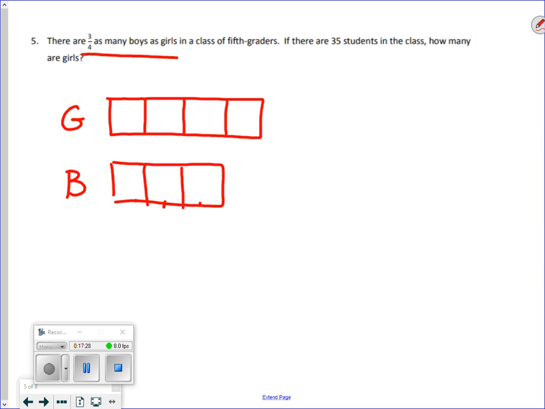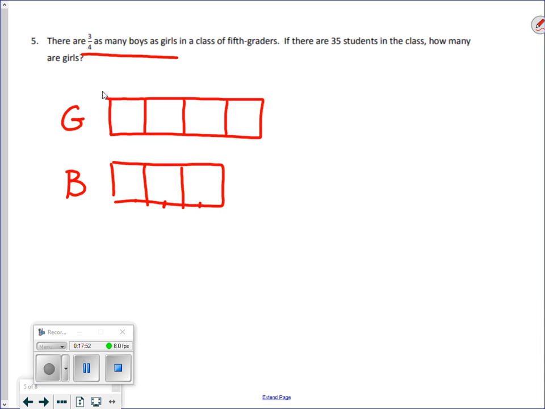Girls has 4. Boys only get 3. 3/4 as many boys as girls. Boys get 1, 2, 3 out of the 4 that the girls get.